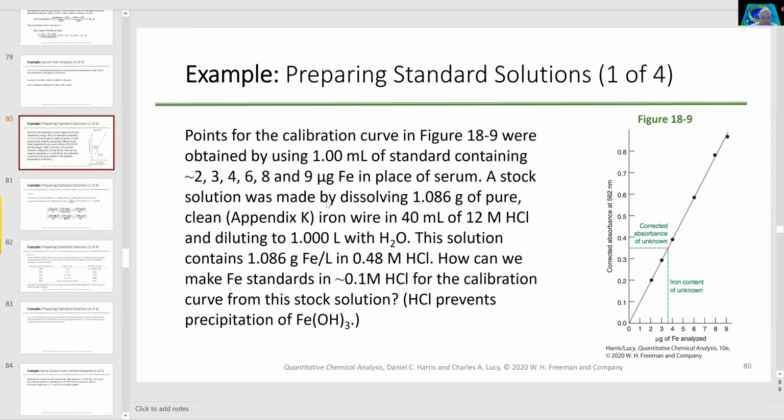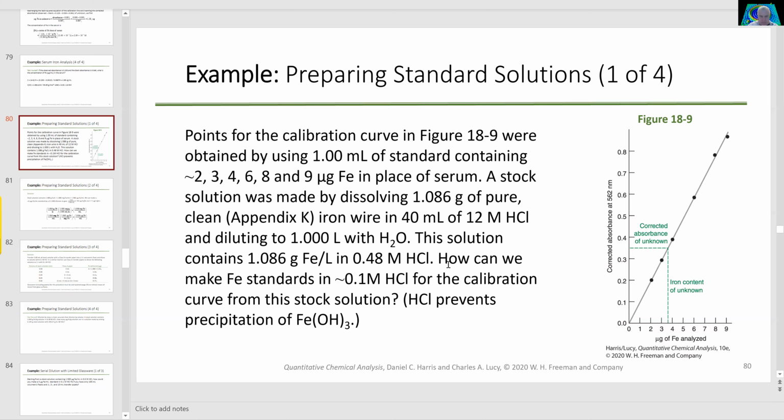So what we did here was we made a 1,086 part per million iron stock standard.